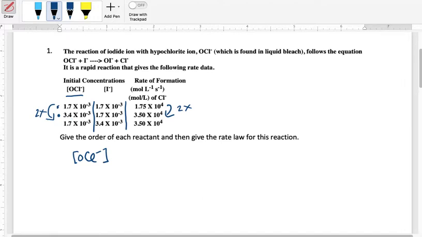So if the concentration doubles, and that causes the rate to double, it's an order of 1. It's first order. And you can think of that as 2 from the concentration.